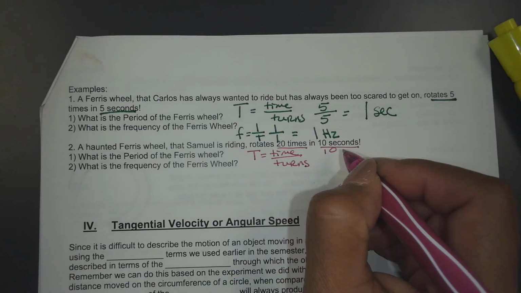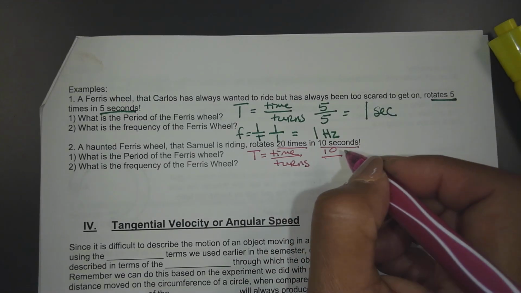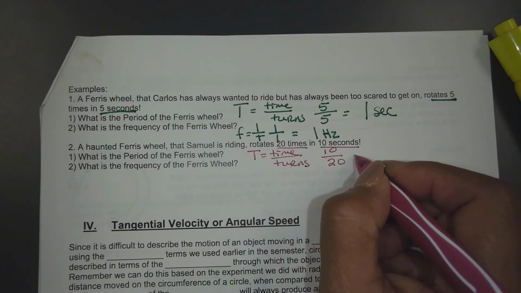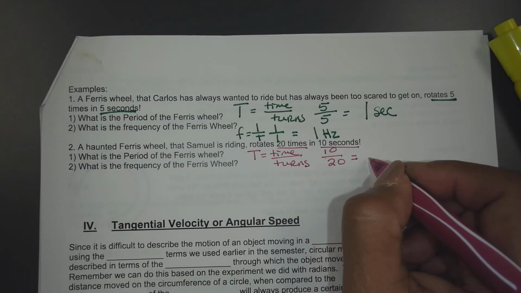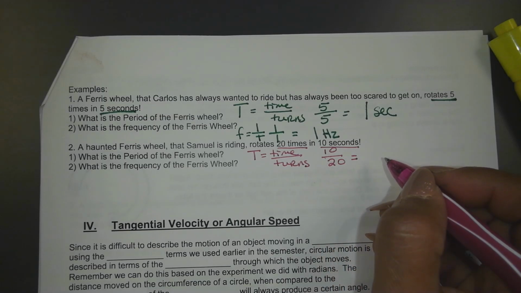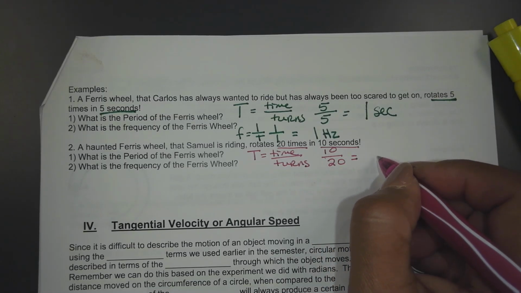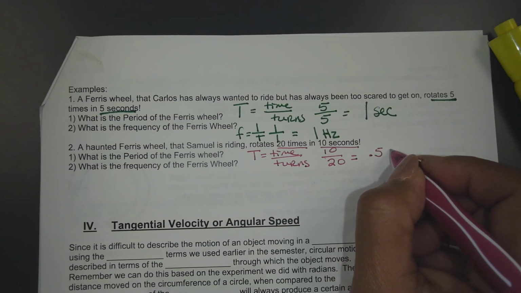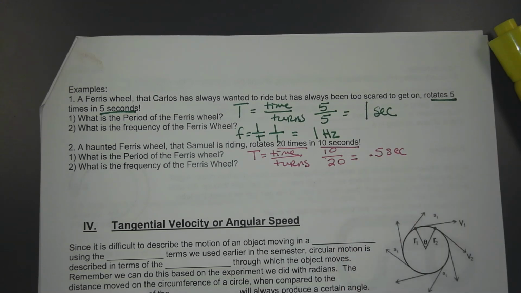This was 10 seconds. The amount of turns was 20 turns, or for this situation, it would end up being 0.5 seconds. And again, that would be our period.